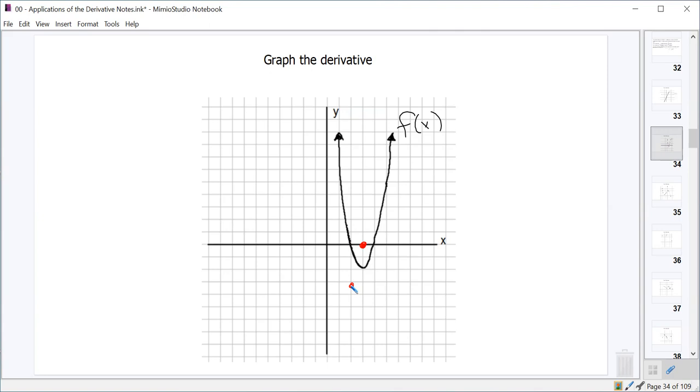Well, it looks like it's about 3 or 4, so we'll just go up about the same amount. And we'll just connect this in a nice line here, because we know this looks like a parabolic function, so its derivative must be like this, and it follows all of our rules. When the derivative is negative over here, the function decreases, and vice versa. When the derivative is positive up here, the function is increasing.